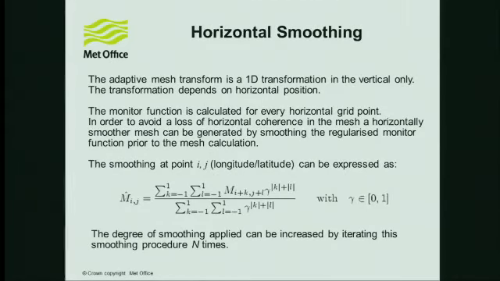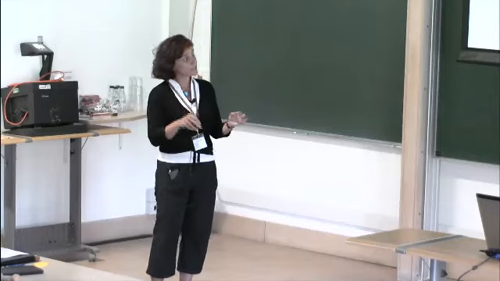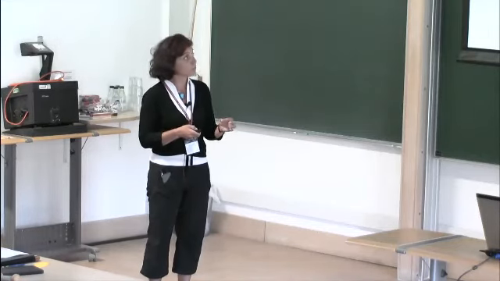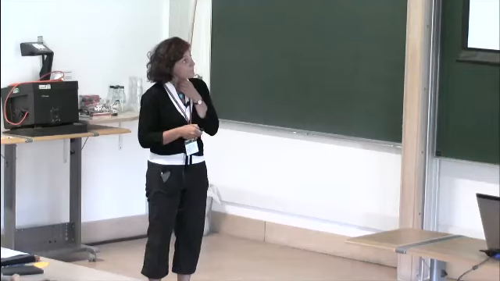Another essential characteristic of this method is that it needs horizontal smoothing. As I said, for the moment it's very simple because we are doing one-dimensional adaptivity, so for every latitude, longitude grid point we have a new grid in the vertical. So we need a kind of consistency or coherence along the horizontal. What we need to do is to smooth the grid.